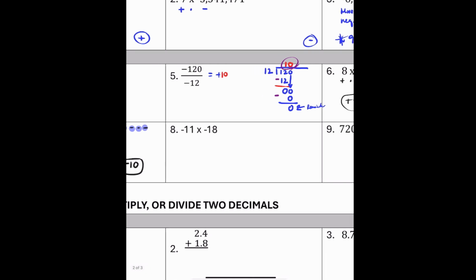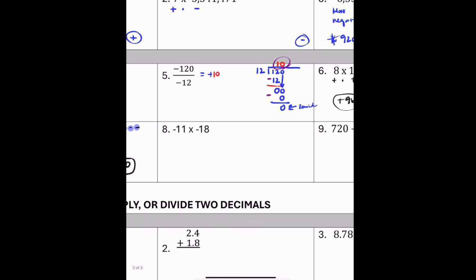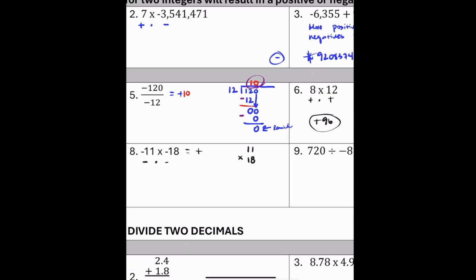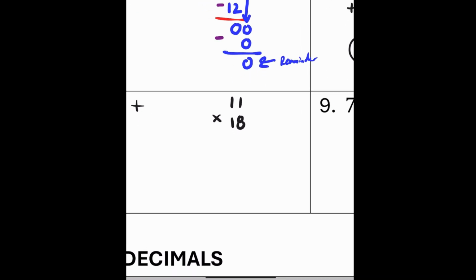Okay, so number 8, negative 11 times negative 18. So hopefully remember that negative times a negative is a positive. Okay, so I can go ahead and write 11 times 18. So we have 8 times 1, that's 8. And then we have 8 times 1, which is 8 again.